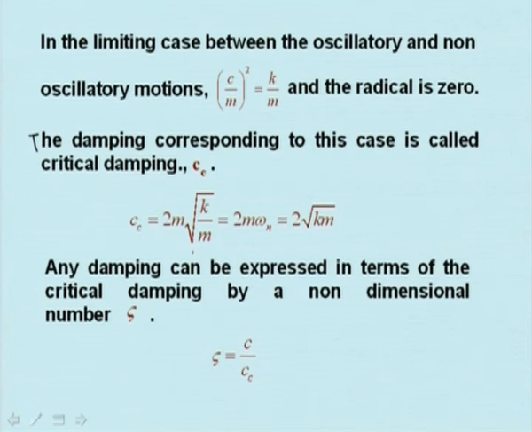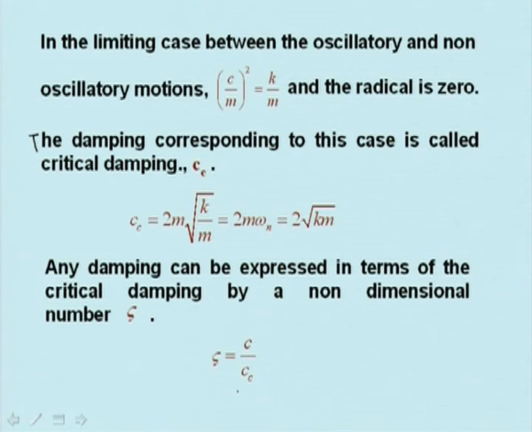So Cc is equal to 2m under root k by m, or 2m omega n, or 2 under root km. So critical damping is a property of the system. Any damping more than the critical damping is called over damping, and any damping less than the critical damping is called under damping.